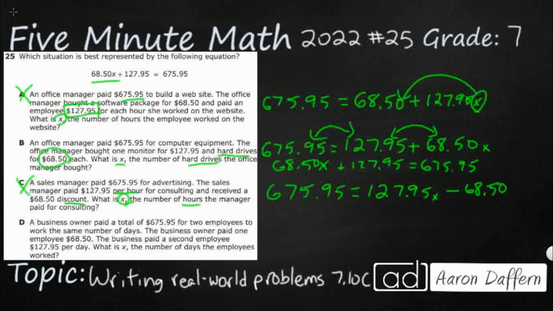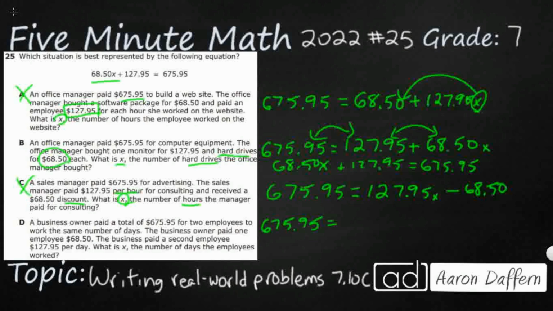Let's check D just to make sure. Business owner paid a total of, surprise, $675.95 for two employees to work the same number of days. Business owner paid one employee $68.50. Business paid a second employee. Okay, first off, that's not fair.